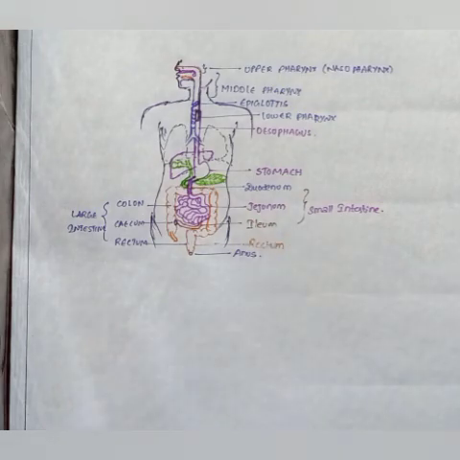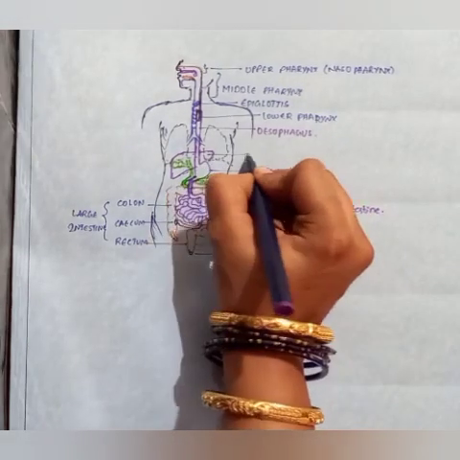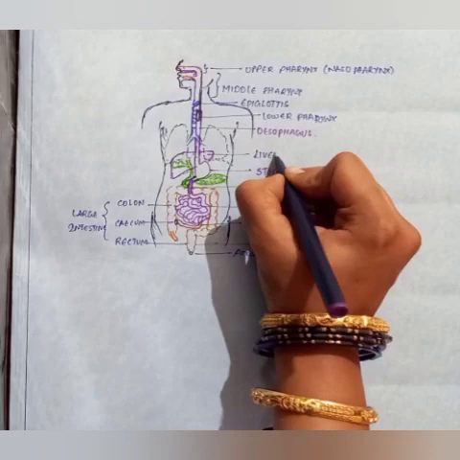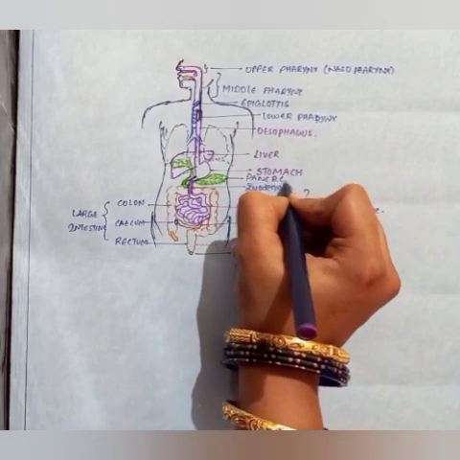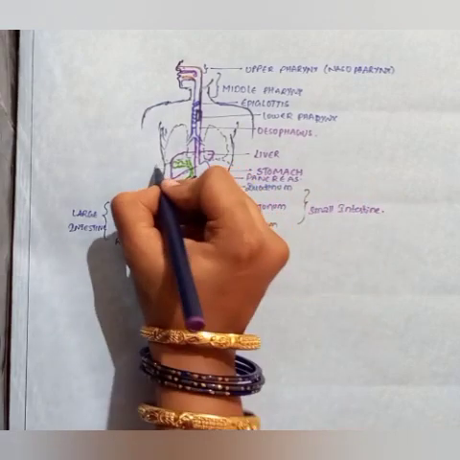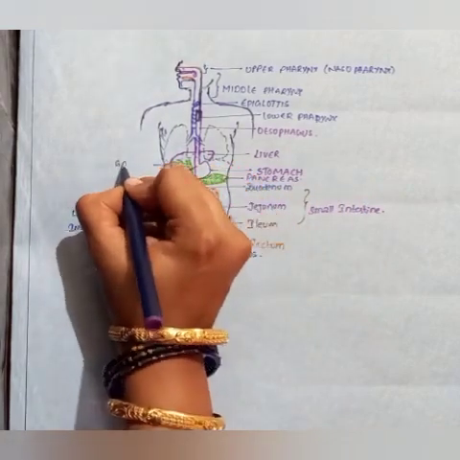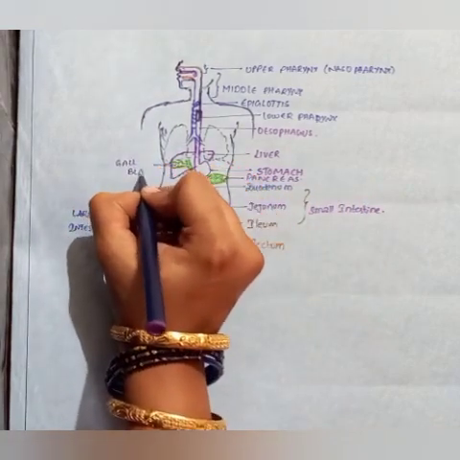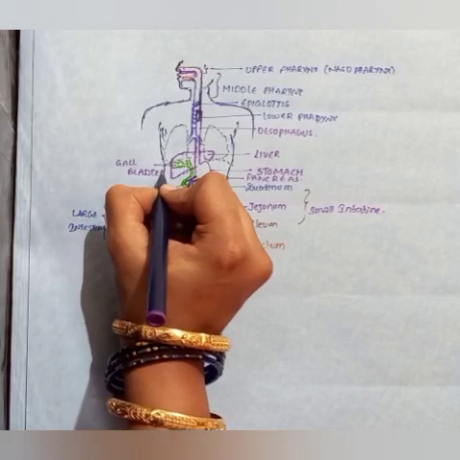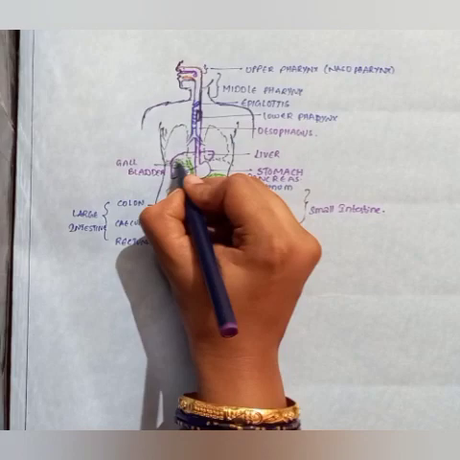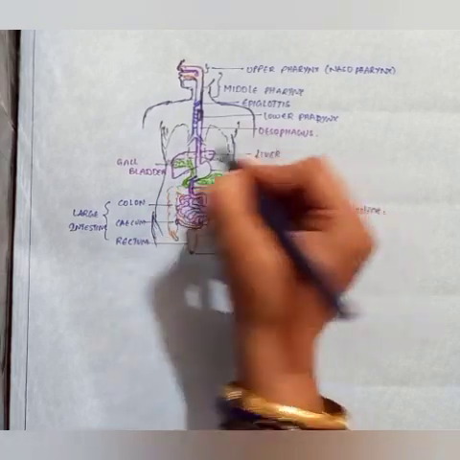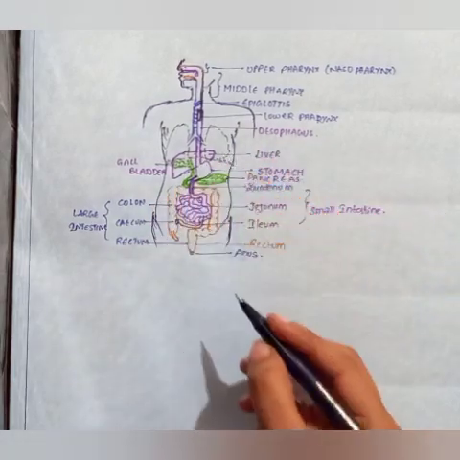So we'll mention the names here. So this is the liver, then this is the pancreas, then this is the gallbladder, right? This part is actually the diaphragm, which is generally present above.